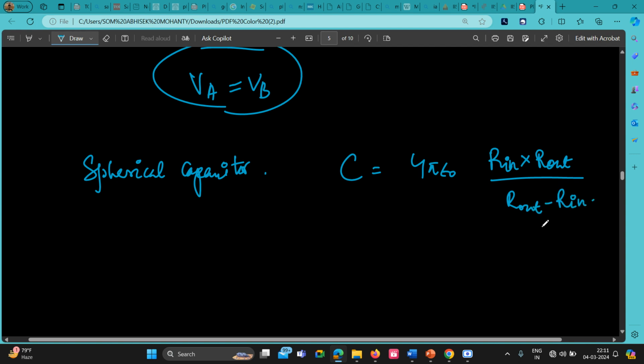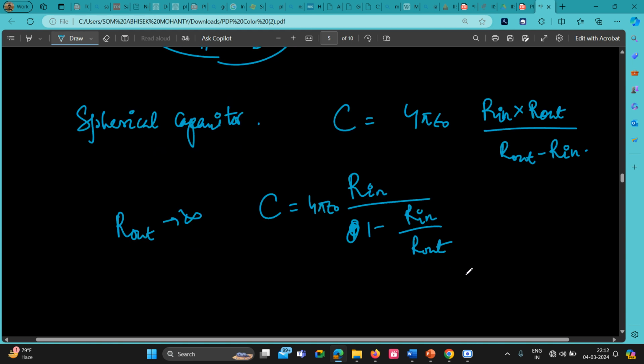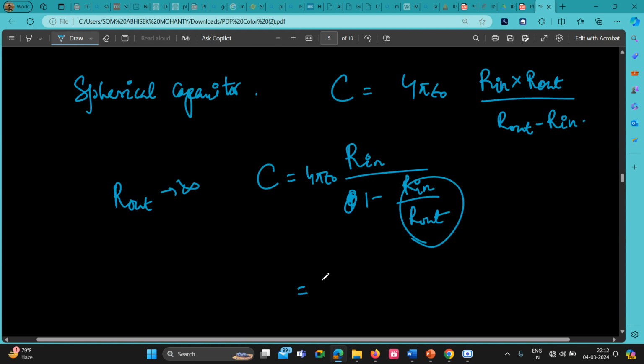And here another formula: if R out tends to infinity, what will happen? I will divide R out in both numerator and denominator. That will be 1 minus R in by R out. So R out tends to infinity, that means this term will become 0. So C is 4 pi epsilon naught R in. This is your capacitance.